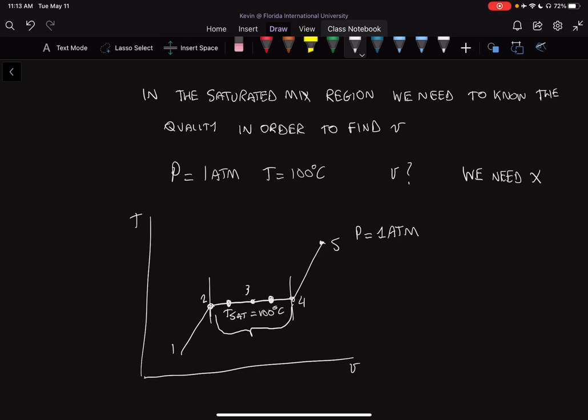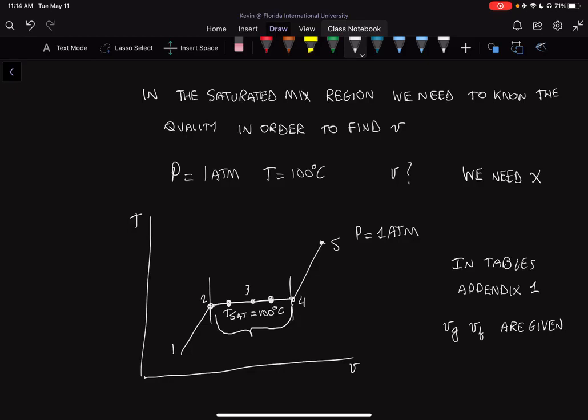And the great thing is that for every saturated region, we are given values in our tables, in Appendix 1, and again, we'll look at those a little bit later in this module. In tables Appendix 1, Vg and Vf are given, so we know the bounds of 2 and 4.